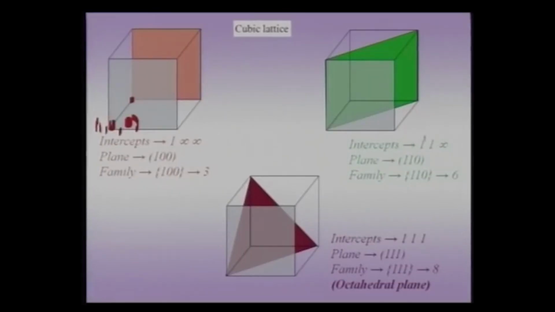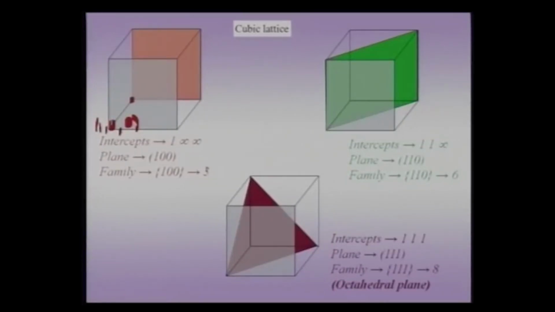So, my intercepts are 1, 1, infinity, then I take my reciprocal, which will make it 1, 1, 0, and then enclose it in the bracket for the plane. So, 1, 1, 0 is my indices for this plane, which is shown in green. The family of planes I would represent within these kind of brackets as 1, 1, 0, and the number of members of this family is 6, while the number of members of the 1, 0, 0 family was 3.